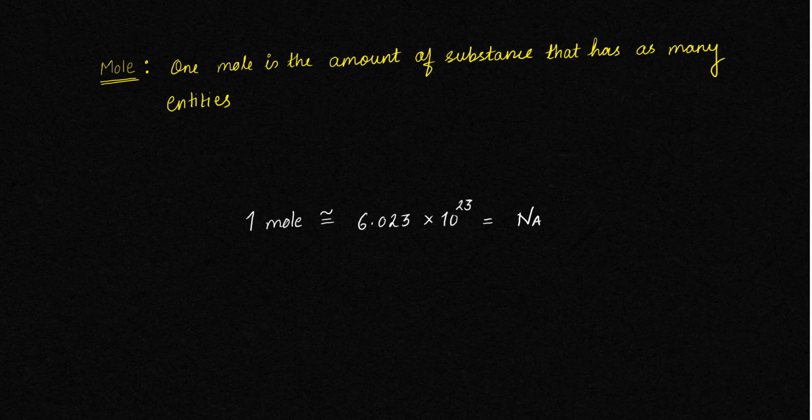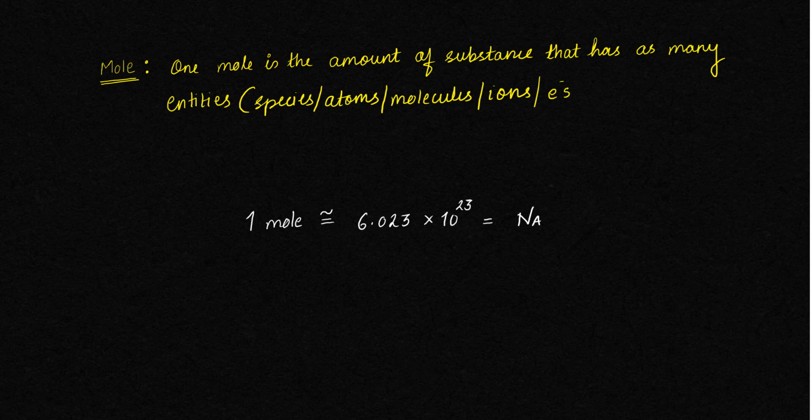What is the meaning of entities over here? I'll write down in bracket. Entities may mean species or atoms or molecules or ions or electrons or protons or neutrons or anything.